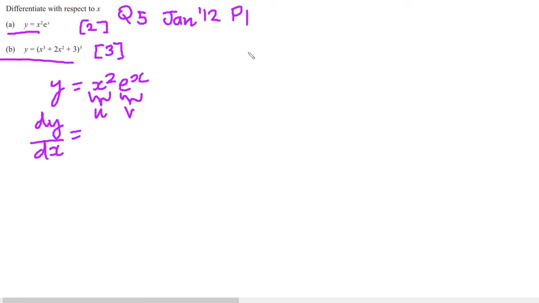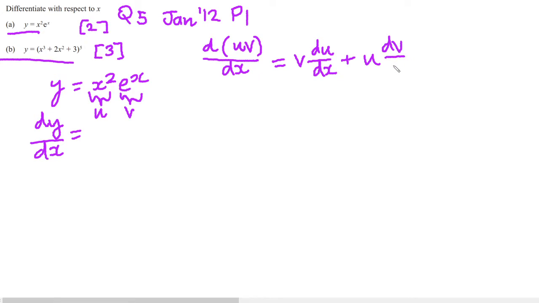And recall that the product rule states that if you are differentiating two functions multiplied together, d(uv) by dx is equal to v du over dx plus u dv over dx.